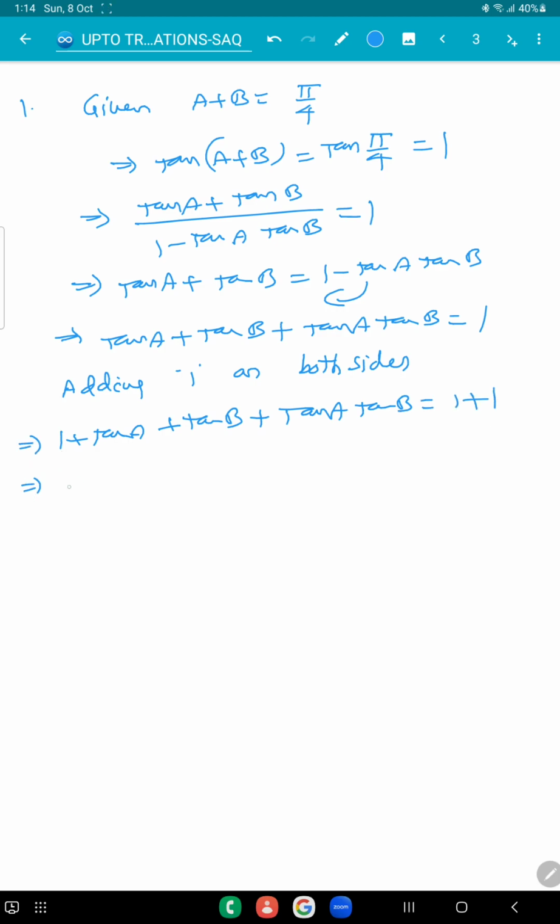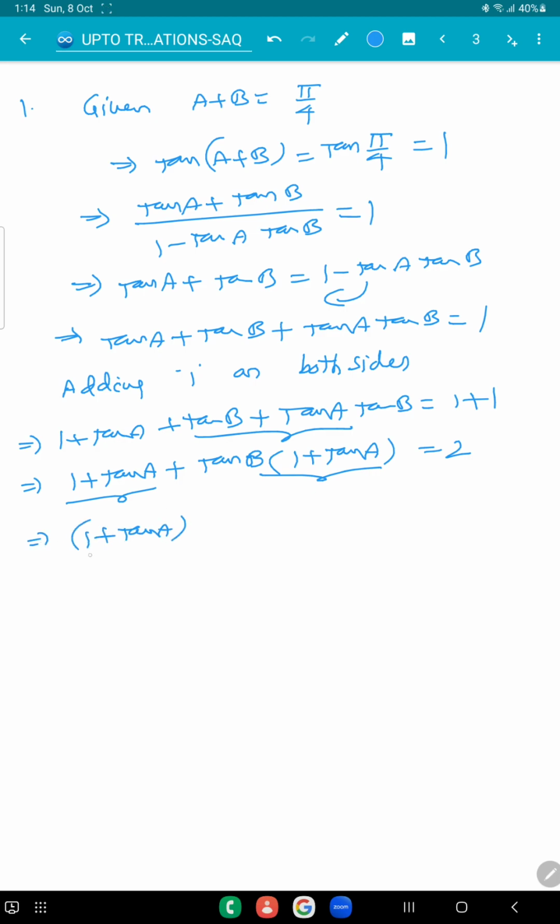So this implies 1 plus tan a, plus tan b common from these two terms. What would we have? 1 plus tan a is equal to 2. Can we bring anything common from these two terms? We can bring 1 plus tan a common. That is 1 plus tan b is equal to 2. So hence proved. 1 plus tan a into 1 plus tan b is equal to 2. It is done.